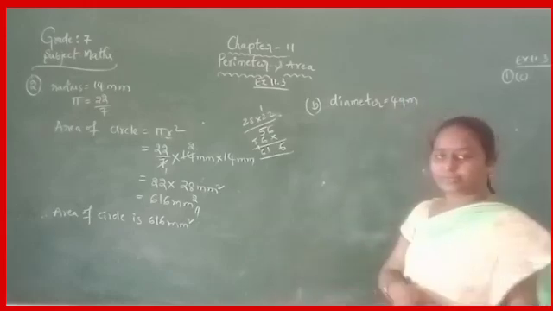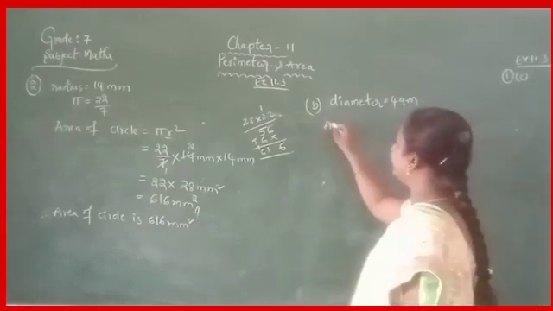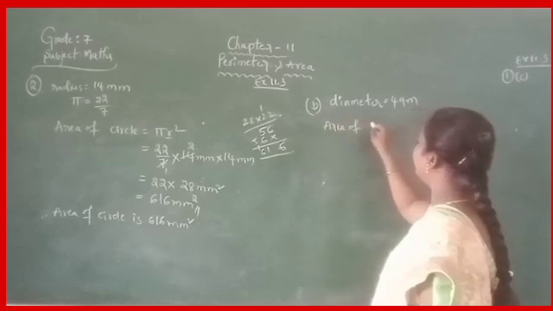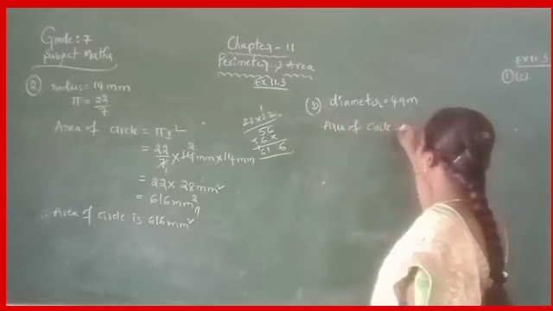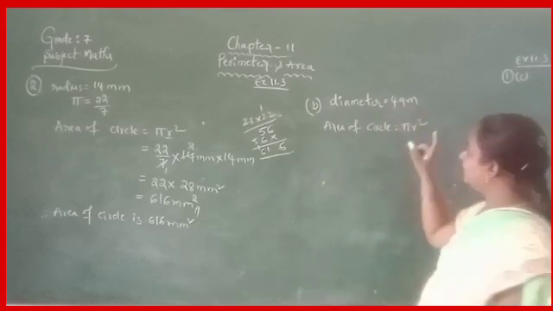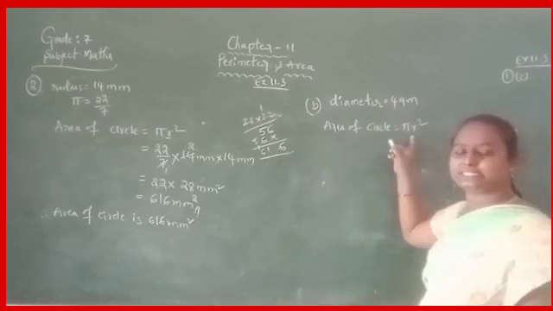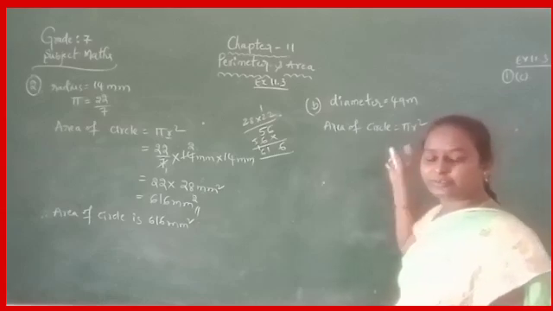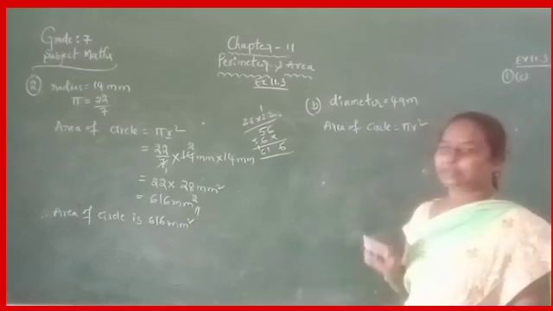Okay, so we know that the area of a circle is πr². Here the diameter is given, but the formula needs the radius. So how do we find the radius? Very good.